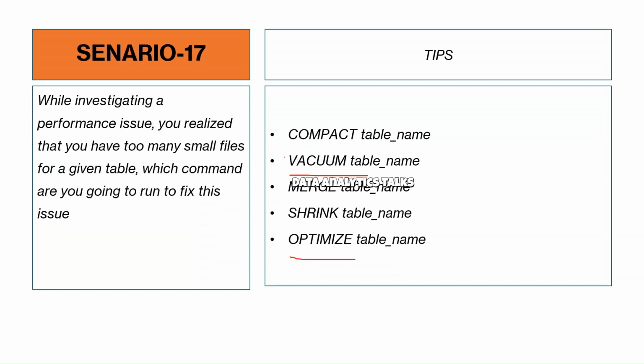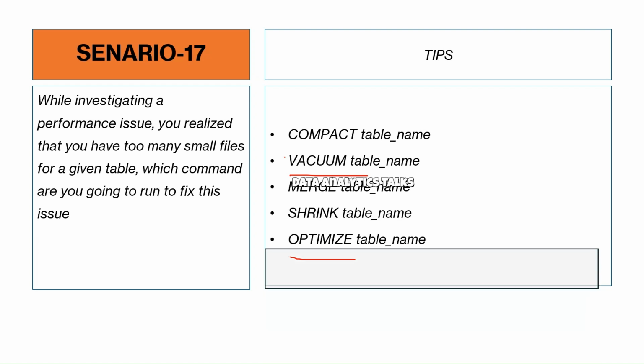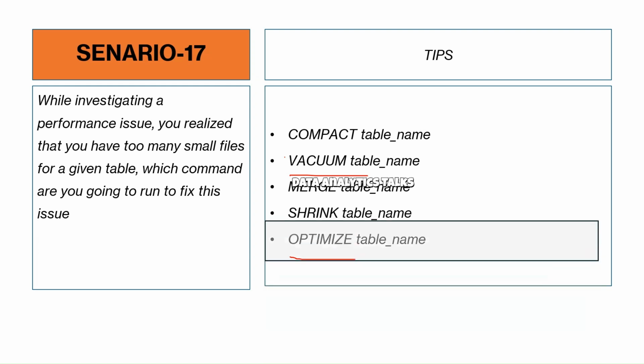These are very important to Databricks. We'll come to vacuum later. In this case, the answer is optimize, which can improve the performance. You have too many small files, so to fix this you have to use optimize.